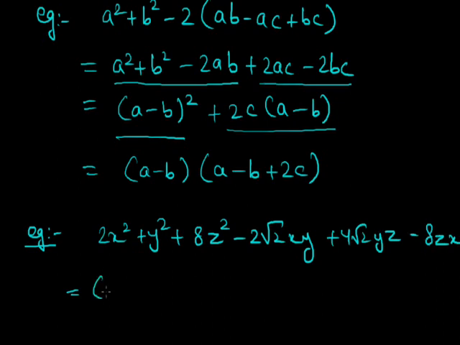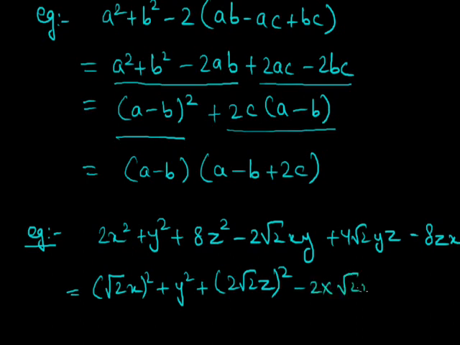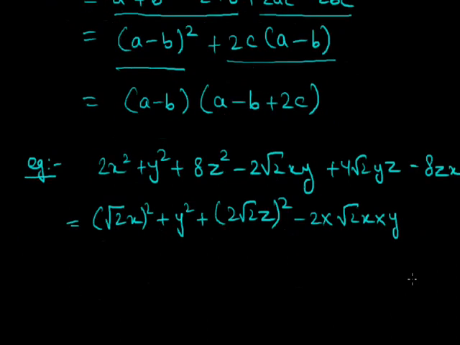So what we need to do is, we can write 2x square as (root 2 x) whole square, plus y square, and 8z square as (2 root 2 z) whole square. Now minus 2 root 2 xy can be written as minus 2 into root 2 x into y. In the same way, plus 4 root 2 yz will be written as plus 2 into y into 2 root 2 z.